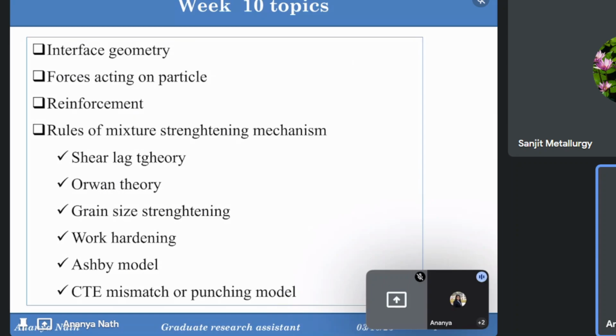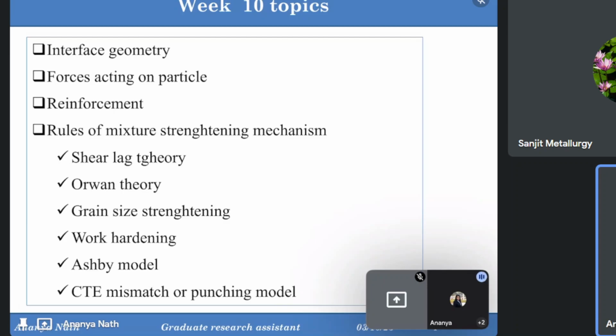They are either fibrous, continuous or discontinuous fibrous, or just little particles of micrometer or nanometer diameter. They can be irregular particles or spherical particles as well, and these cases will have different forces acting on them and different significance in terms of the mechanical and metallurgical properties of the composite.